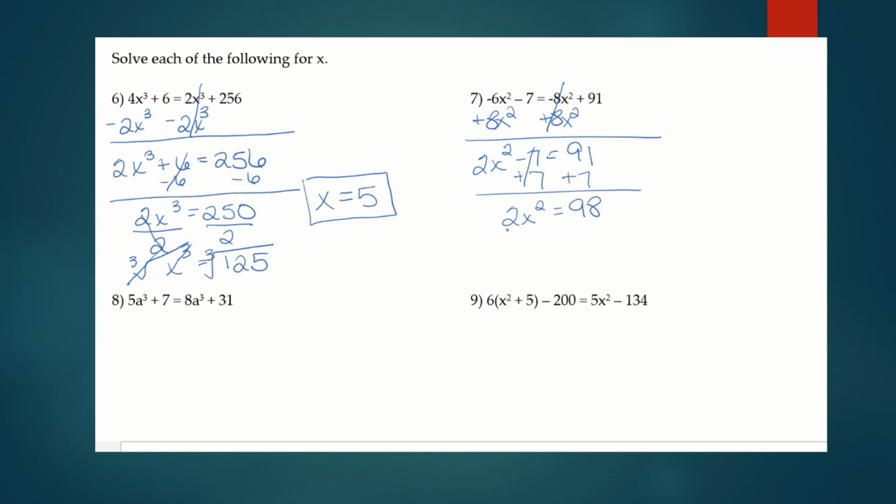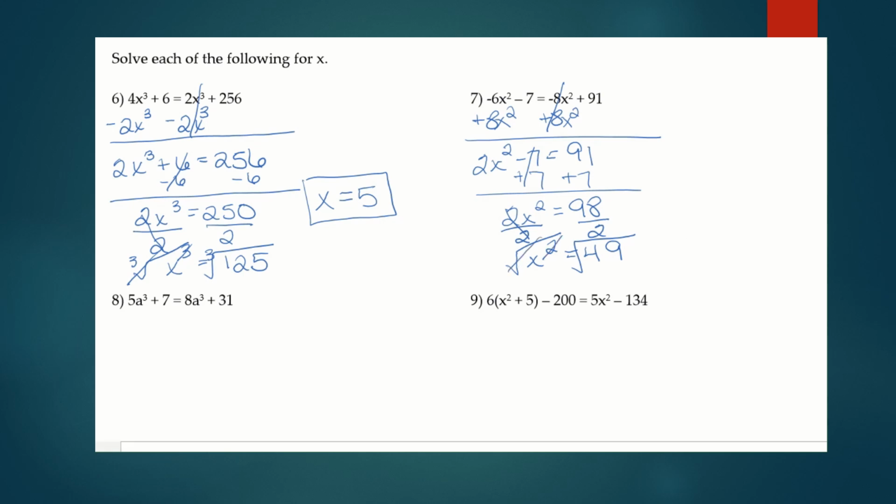Now getting that x squared all by itself, I'm going to undo that multiplication with division, and I'm going to divide by 2 on both sides. And when I do that, I get x squared equal to 49. To undo this squared term, I'm going to square root. Now remember, I'm going to come up with two different answers here. Okay, so the square root of 49 is 7.